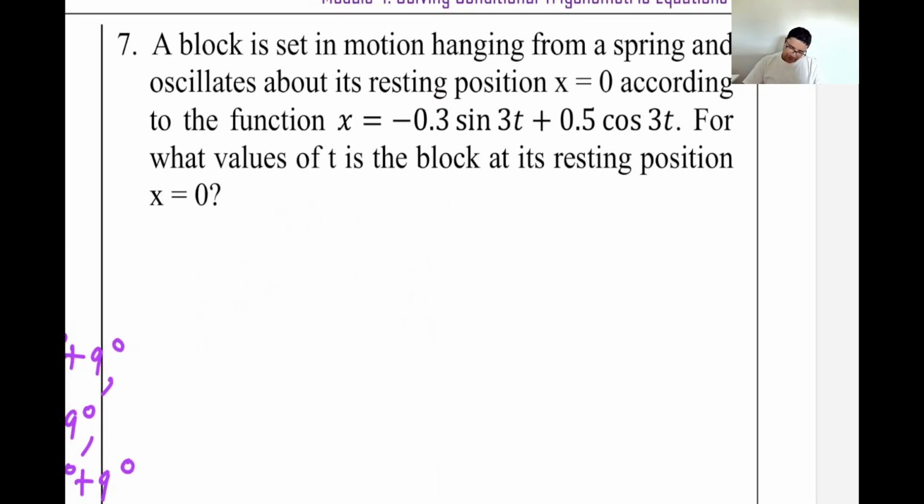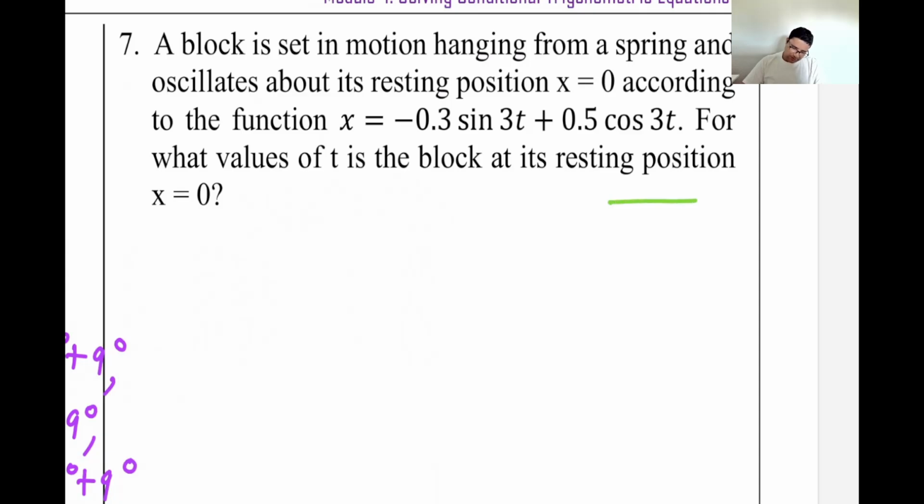So there is a spring, and this is a word problem we have seen before also, right? The motion of a spring is controlled by the sine wave. This is the resting position when you have not touched it, and at the resting position, that height is 0.